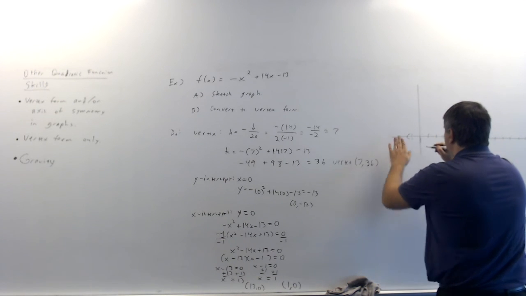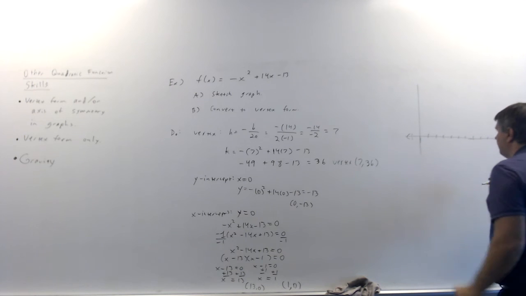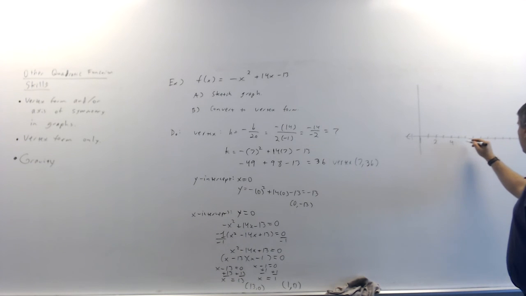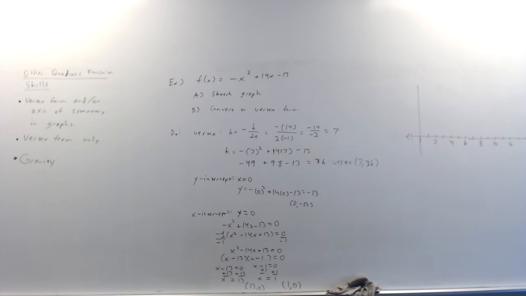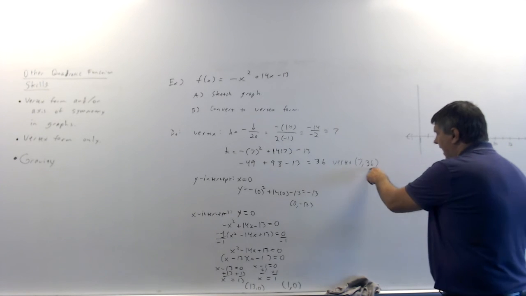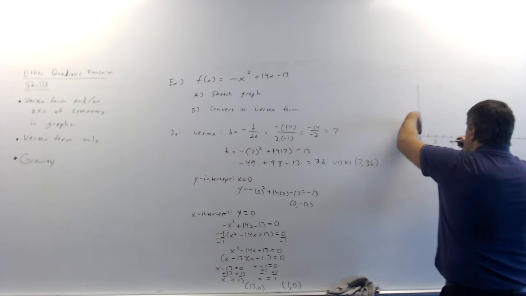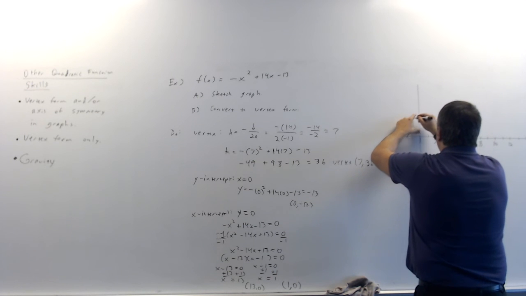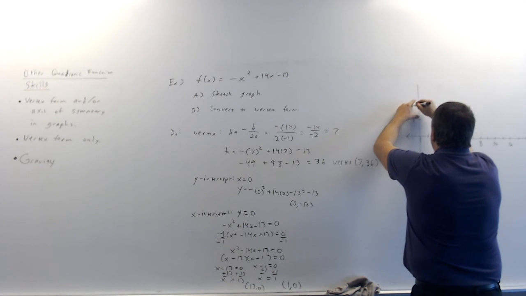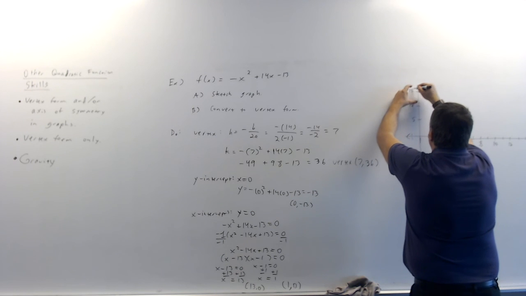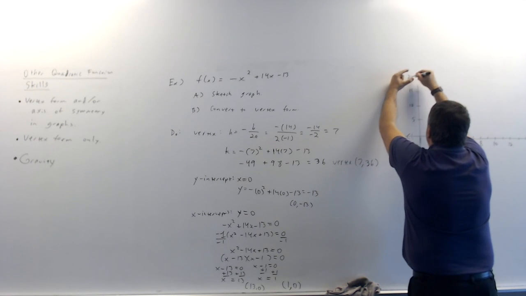Negative 1 for good measure. Okay? 2, 4, 6, 8, 10, 12. All right, and I guess we could go by 5s. So 5, 10, 15, 20.